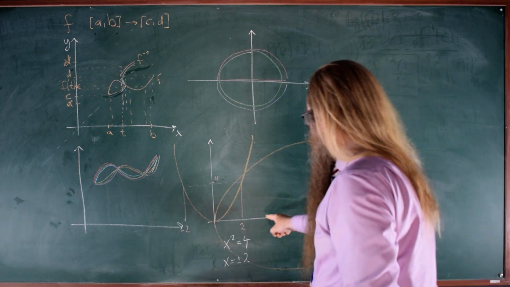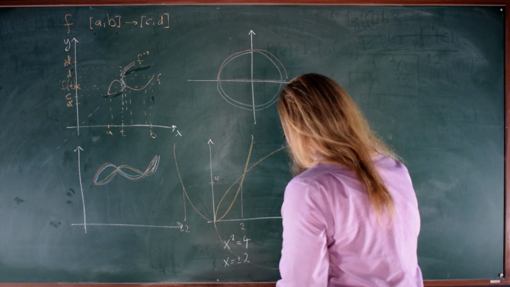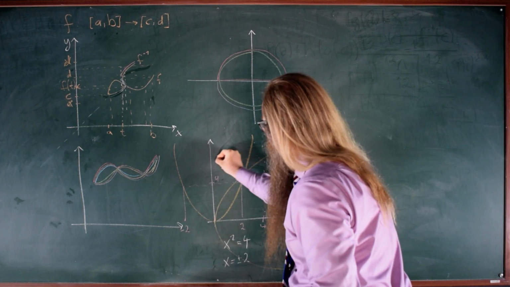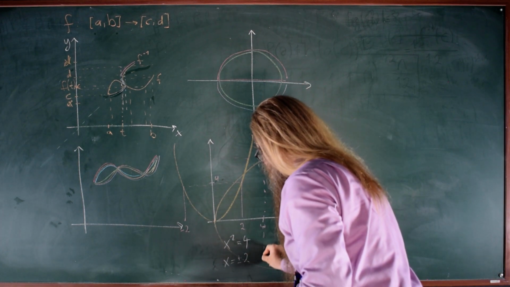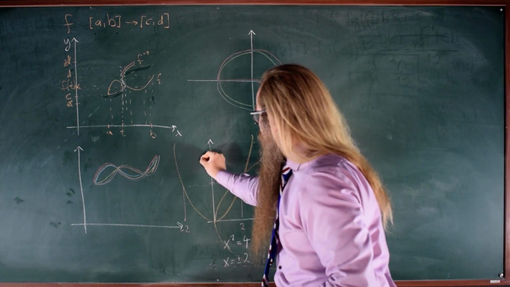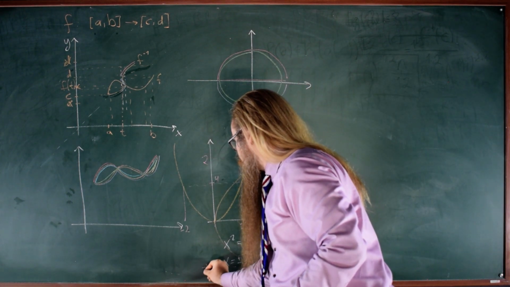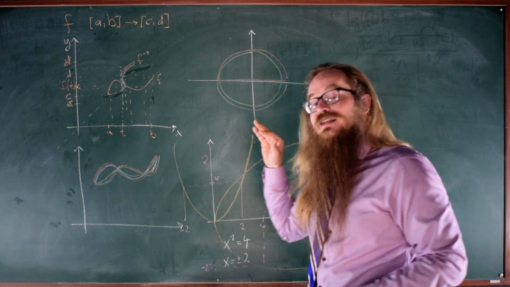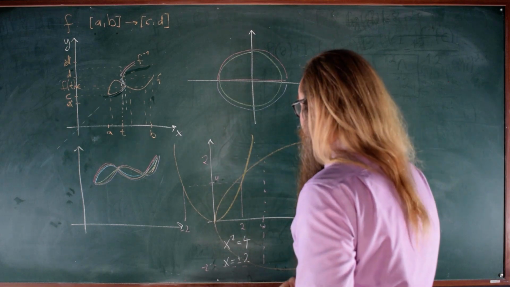And what you're doing is you're going out to 4, and then you're going up and reading the values, which turns out to be 2 and -2. This is a multivalued function. Even if you didn't realize it, you've actually seen multivalued functions before.